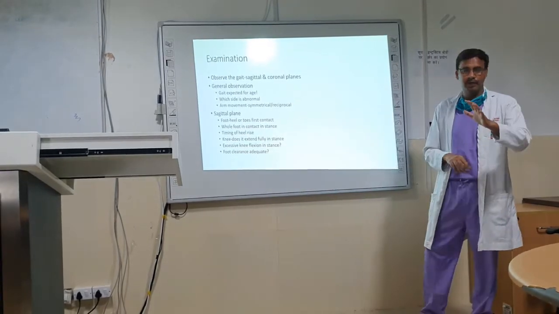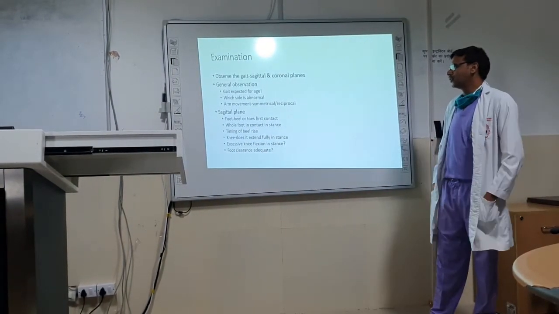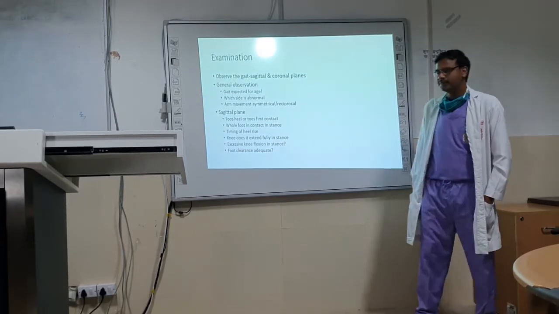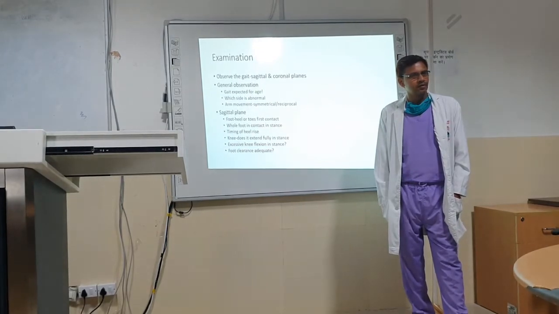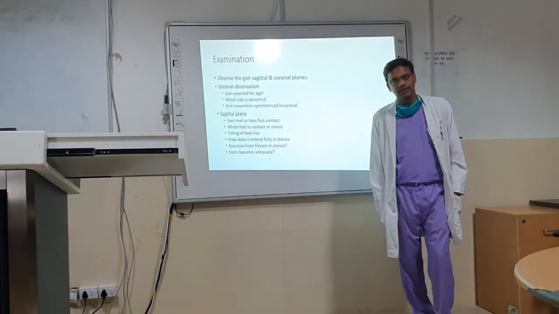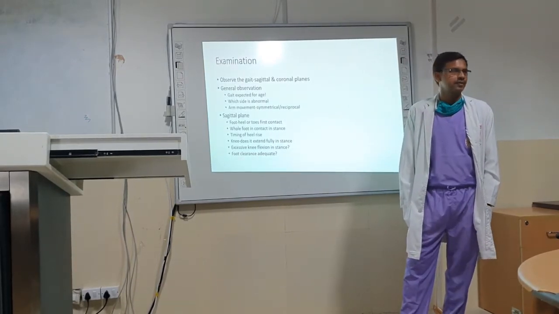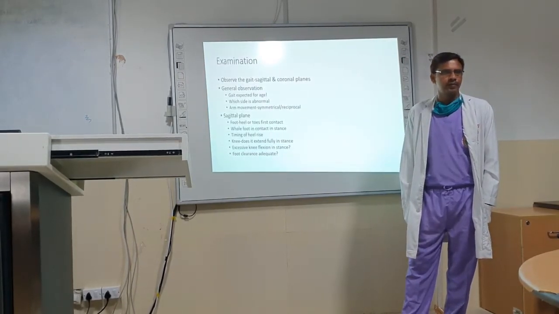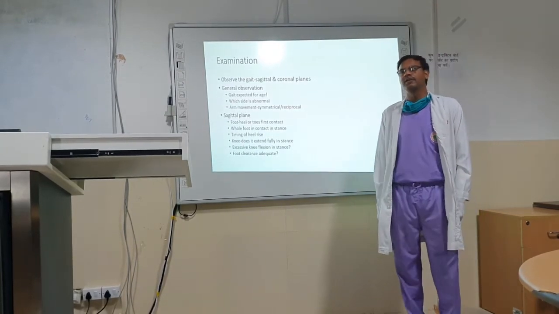Now what are the things you will examine? It will be a systematic examination. First is the general observation. Is the gait expected for the age? Usually the adult pattern of gait develops by 5 to 6 years of age. Before that, when the child starts walking, there are certain peculiarities of gait in a child.